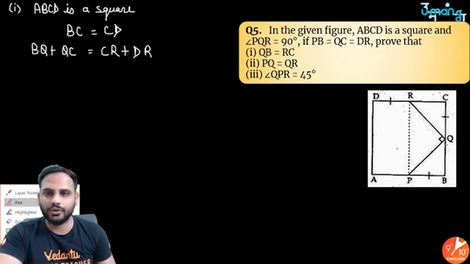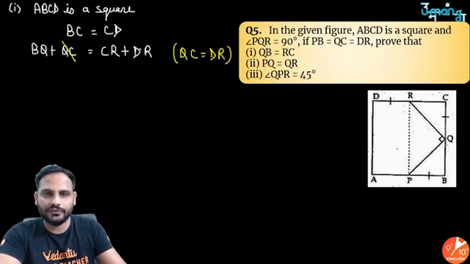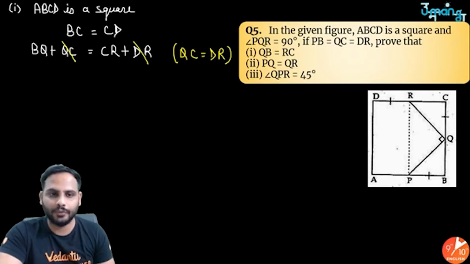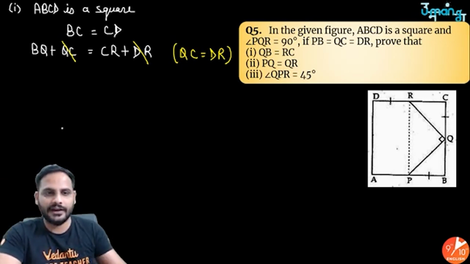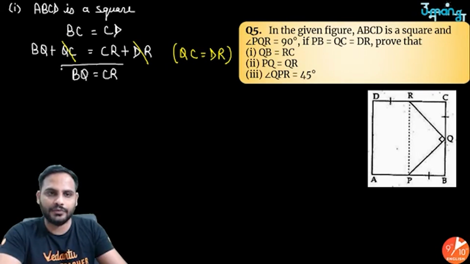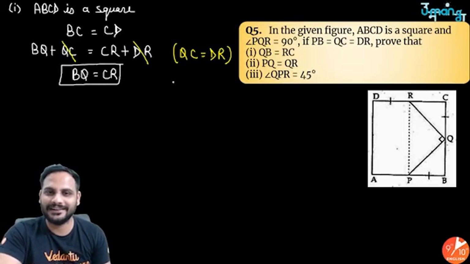Now I know that sir, they have clearly given in the question that QC and DR are equal to each other, so they both will get cancelled. Both are same, na? Both got cancelled. So we are left with BQ is equal to CR, or QB is equal to RC. Done. First part done, right?